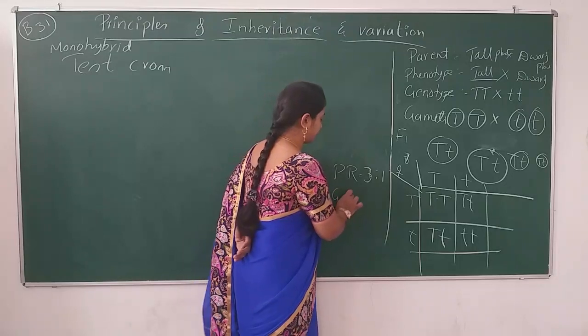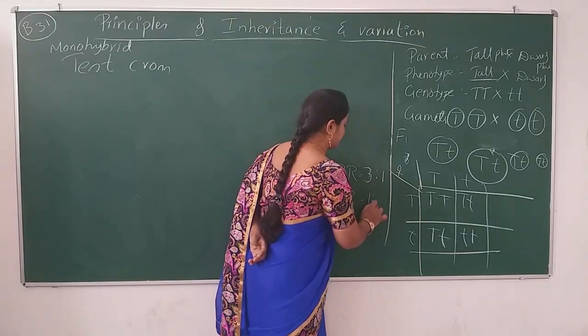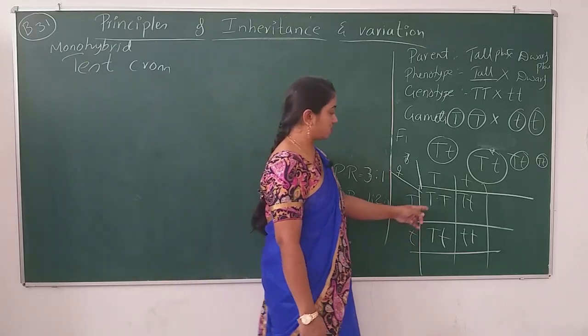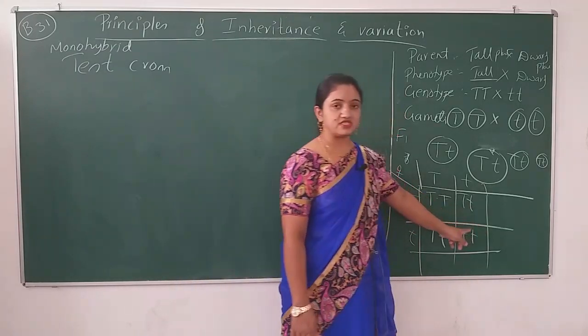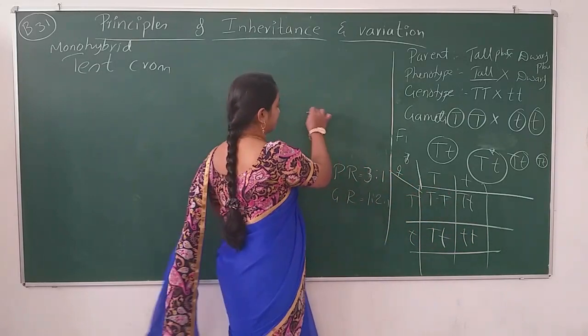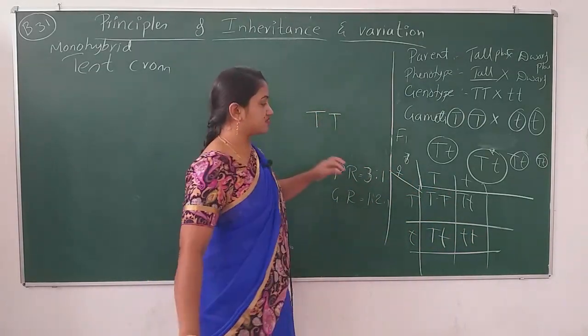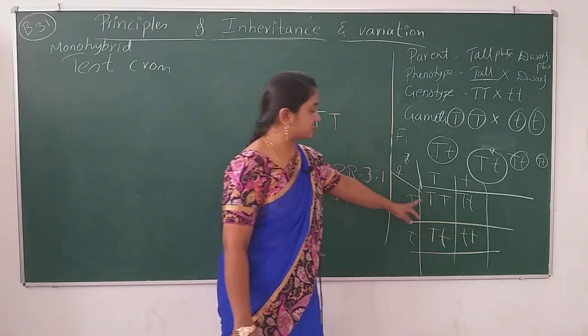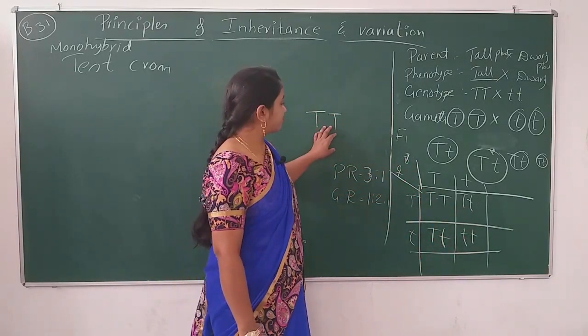And genotypic ratio is 1:2:1. I hope you have understood how to write the genotypic ratio. Take this as 1. Write all the possible offspring here, whatever is in the checkerboard, just write it once.